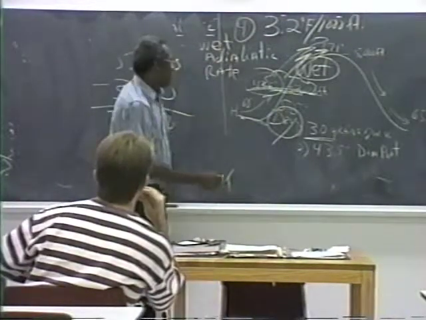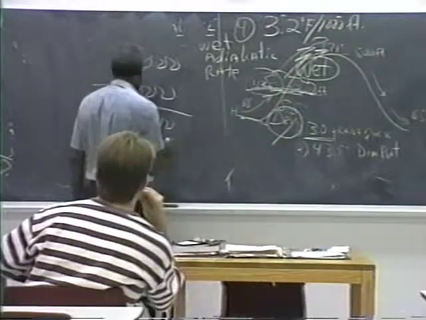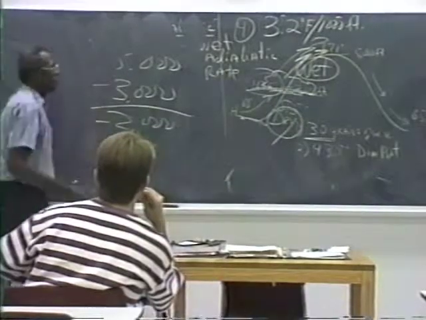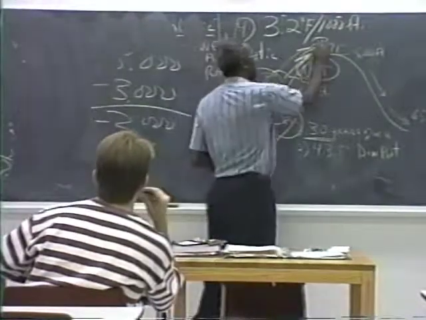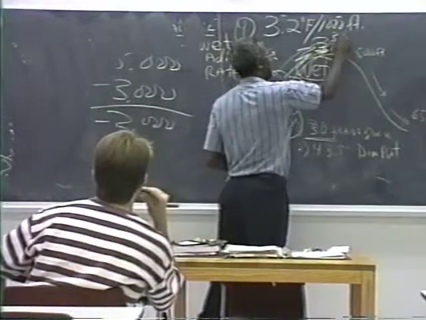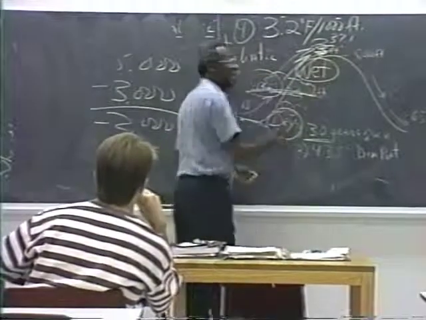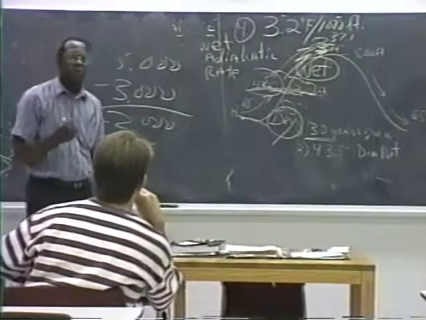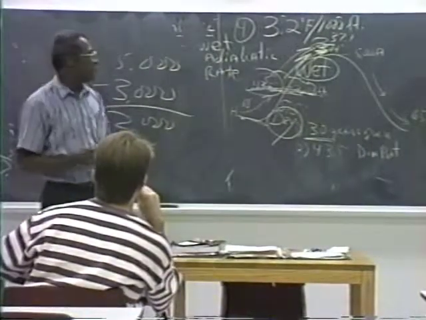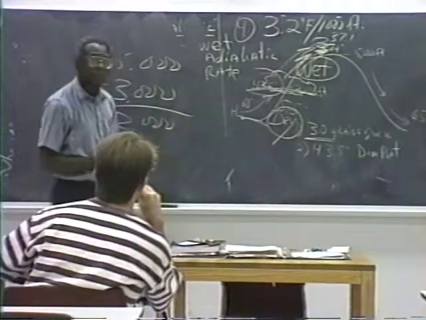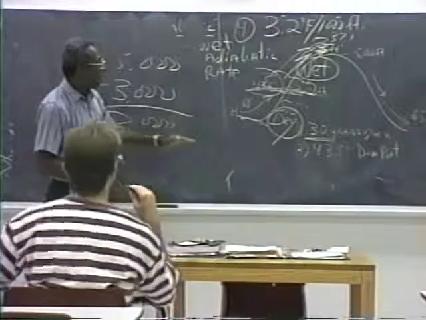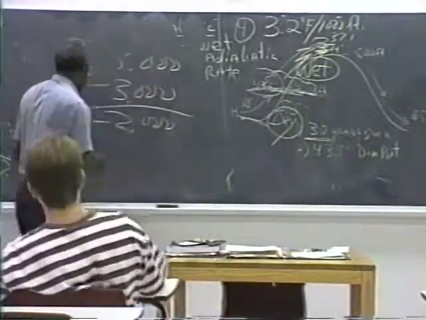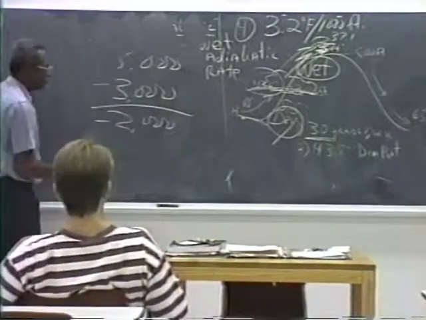Now, as the air moves from here to here, we have to realize how much further it's going to rise if we want to know the temperature up here. I've written it up here, if you can see it, 37.1. That's the answer for the top of the mountain. But if I were to ask you how you would get the temperature at 5,000 feet, you would do it the same way as before.